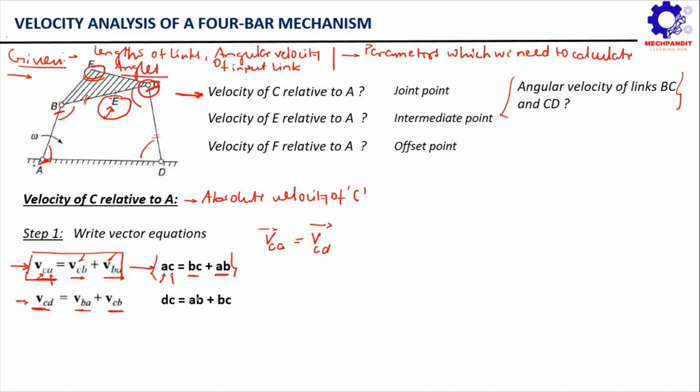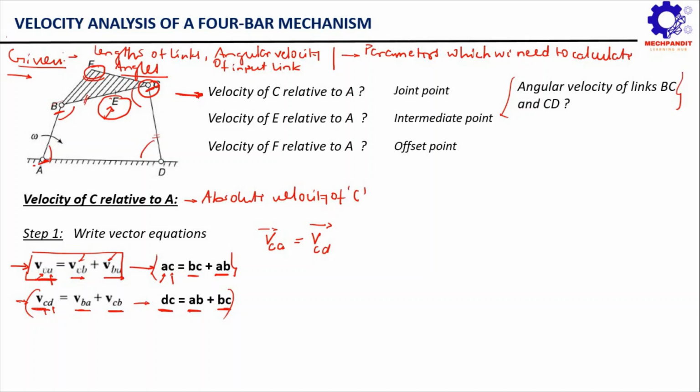Again in the vector diagram format, this becomes DC vector equal to AB vector plus BC vector. Just remember, you have to interchange the letters here, that's it. Then you can move from the velocity vector format to the vector diagram format. From here, the equation for the velocity vector of point C is complete.